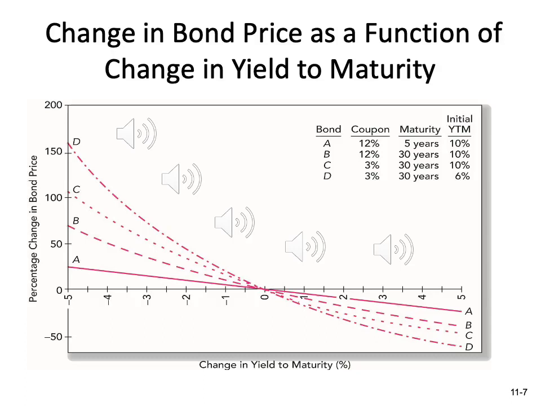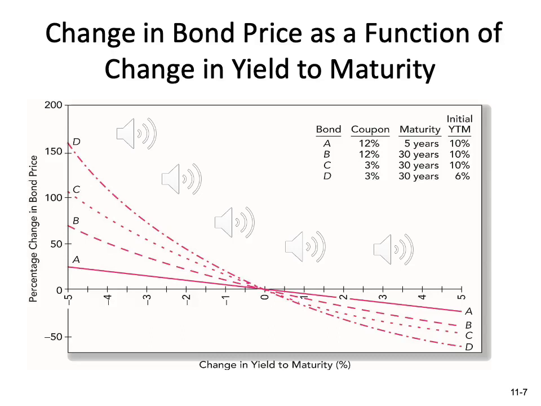Which one is more sensitive to the percentage change in the yield? Bond D is more sensitive compared to C because initially the yield to maturity is a small number. So for the same 1% change in the yield, the relative size of the change is going to be bigger for bond D than bond C.